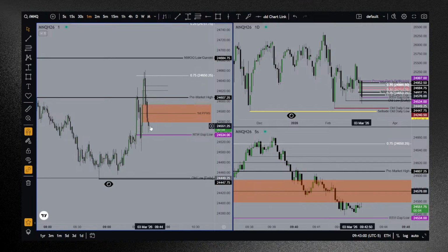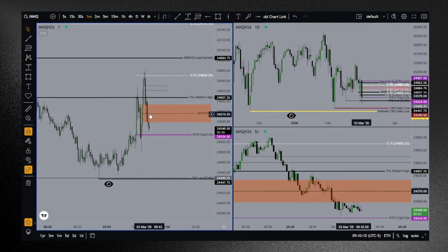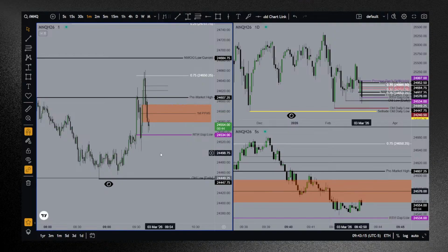Right, perfect. So we see a close below it, and now I want to see this act as resistance. So anytime we return back into this, the lower half should show premium sensitivity, and I want to see price roll over lower.